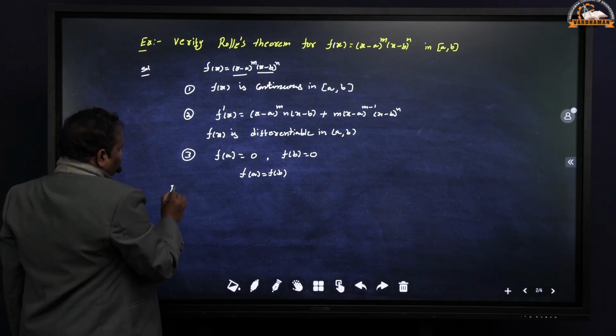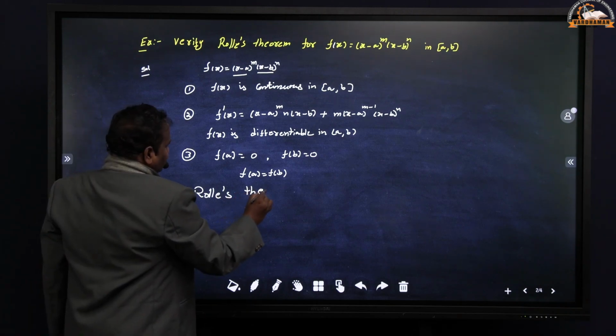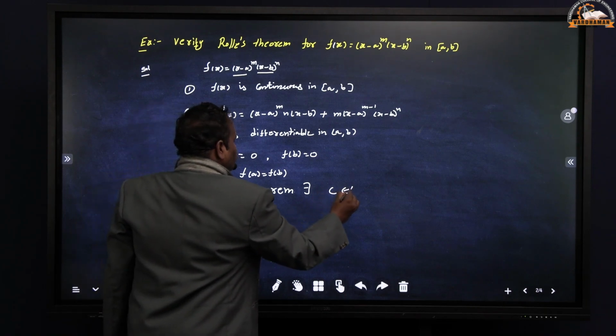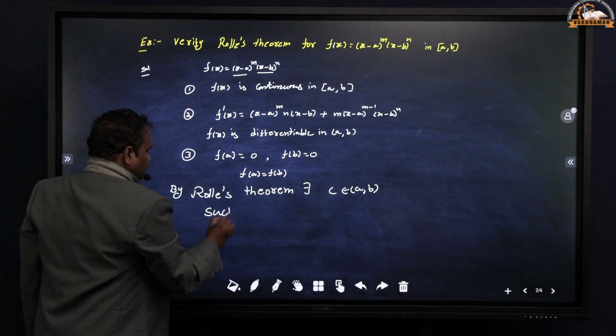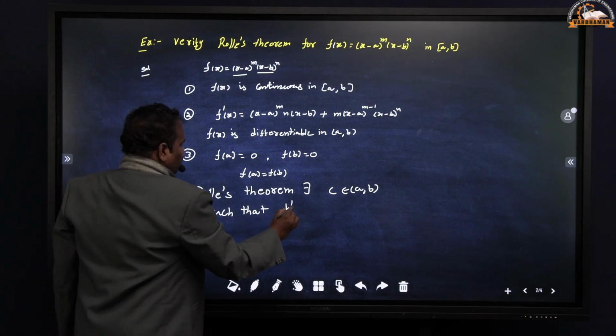Therefore, by Rolle's theorem, there exists an element c belonging to the open interval (a, b) such that f'(c) is equal to 0.